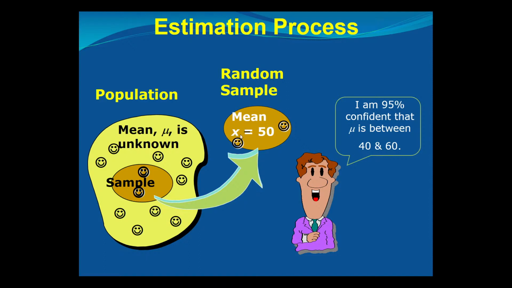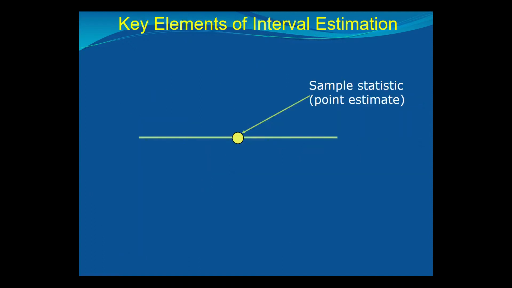For example, x equals 50. If we use a point estimate, it is one value only, and this value equals 50. If we use an interval estimate, we can make our conclusion: I am 95% confident that mu is between 40 and 60. So this slide shows differences between point and interval estimates.